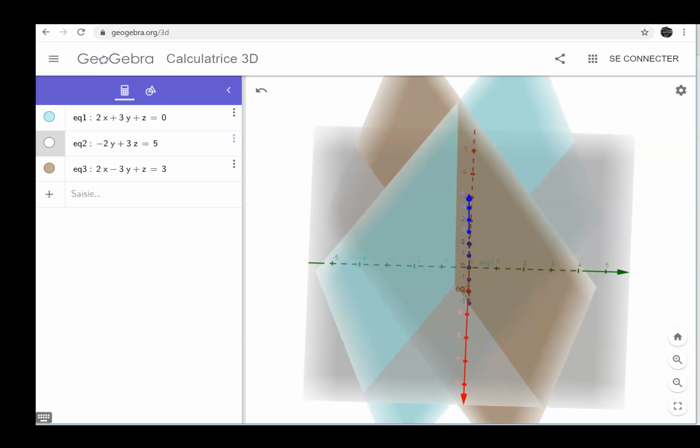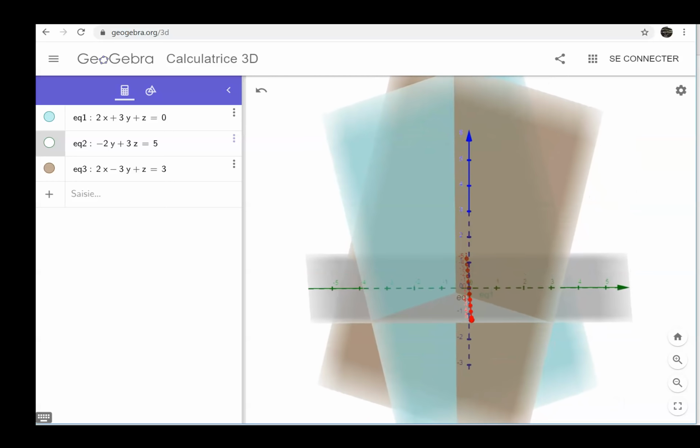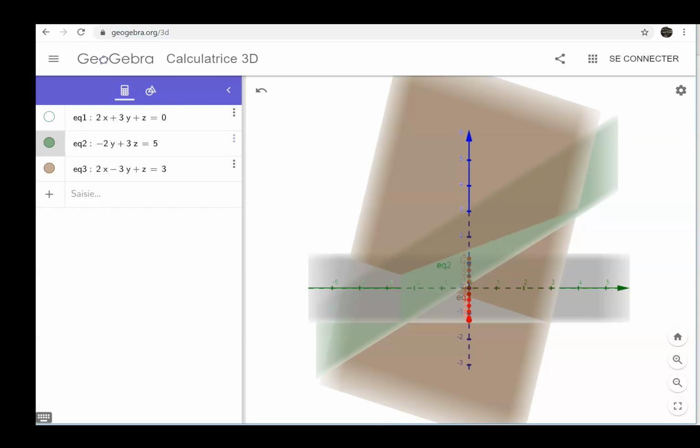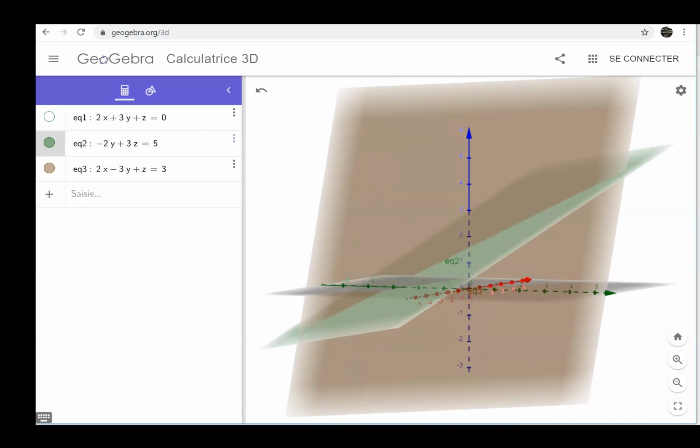That line belongs to the blue plane and the red plane. And then it's also going to intersect the green plane in a line that belongs to the green plane and the red plane, so that the intersection of all three is going to be the intersection of those two lines, given by the intersections of the planes two by two.